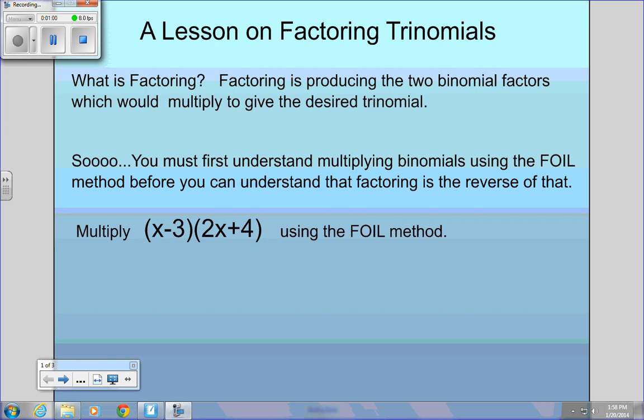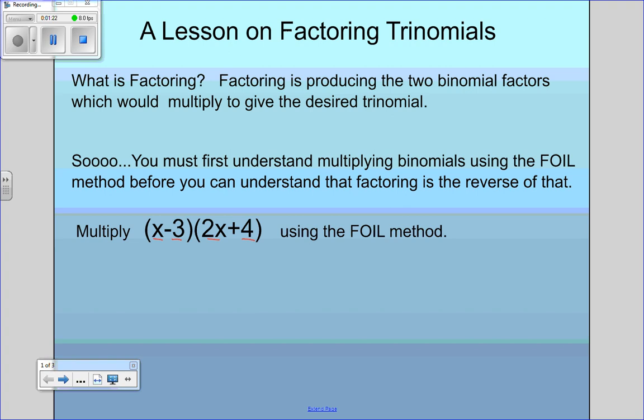All it does is make sure that you distribute each of the two terms in the first binomial and multiply those times each of the two terms in the second binomial. And FOIL is just an acrostic for making sure that all of that distribution of multiplication happens.